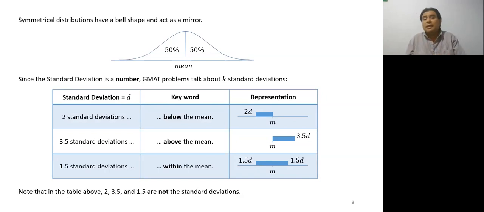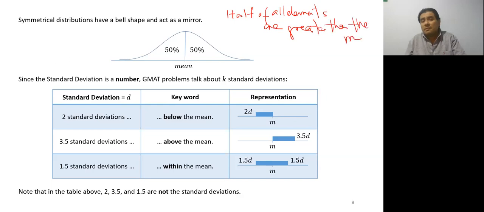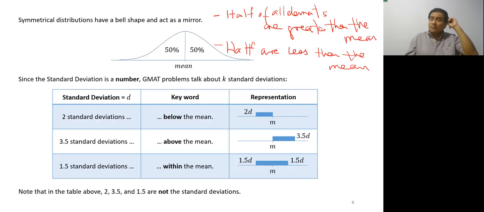So this means, for example, that half of all elements are greater than the mean, and also half are less than the mean. So that's the understanding for this diagram.